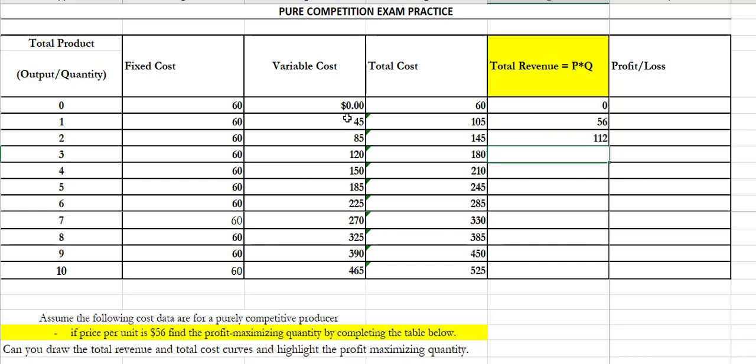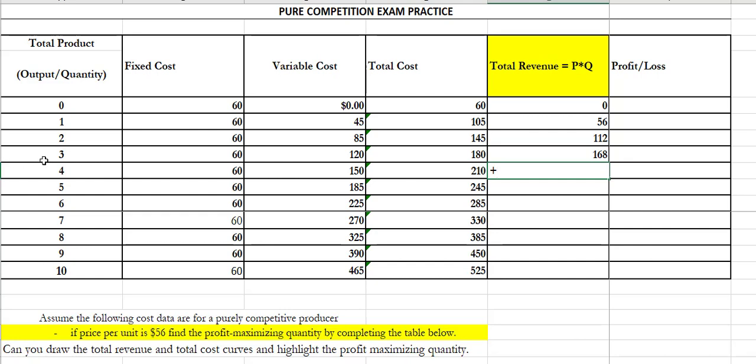You get it? So each time, that's what you do. Yeah? 3 units, it would be the price times the quantity. Yeah? And so on. I hope you get it, what we're doing here.